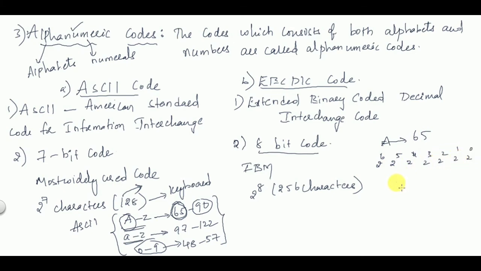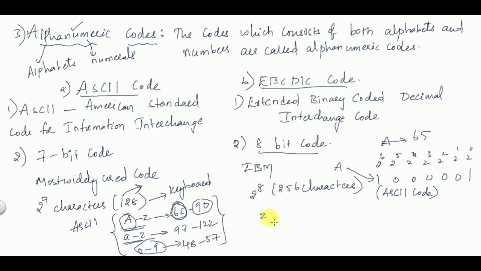To represent 65, it will be 64 plus 1, so the remaining bits are 0. This is the representation of A in ASCII code.